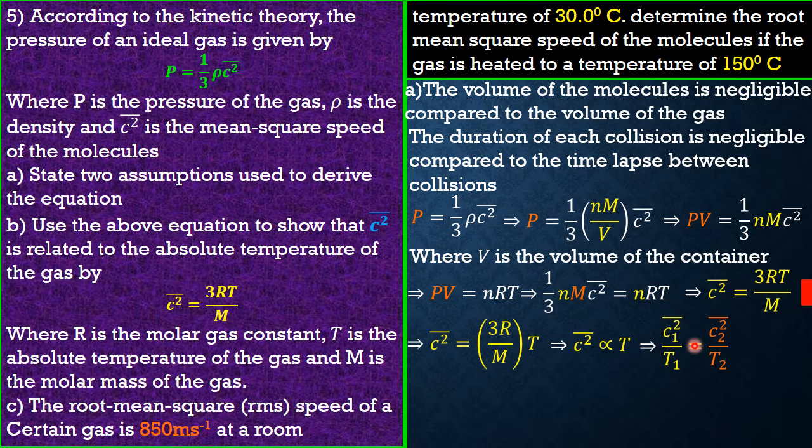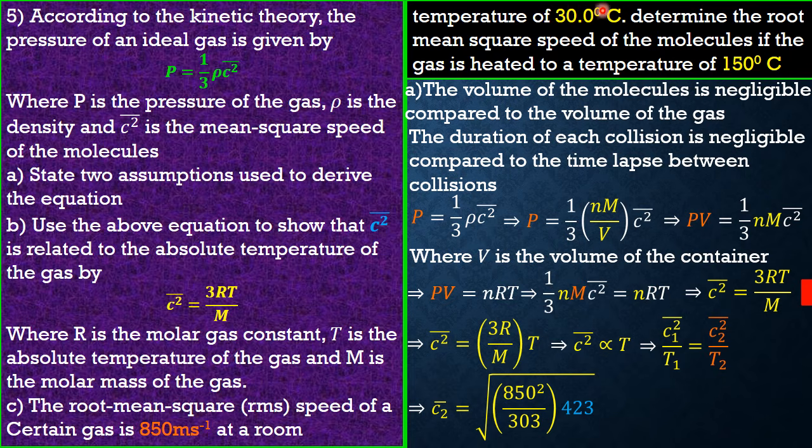Since we are looking for the root mean square speed at this new temperature, we can make c2 the subject, which is given as the square root of c1 squared, which is 850 squared, over T1, which is 30.